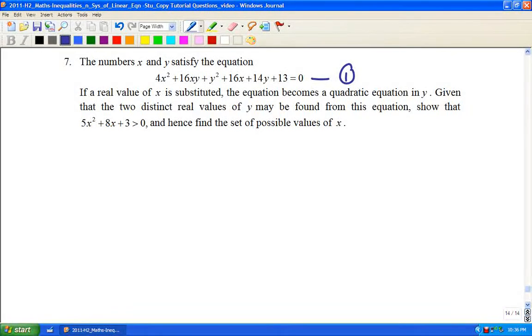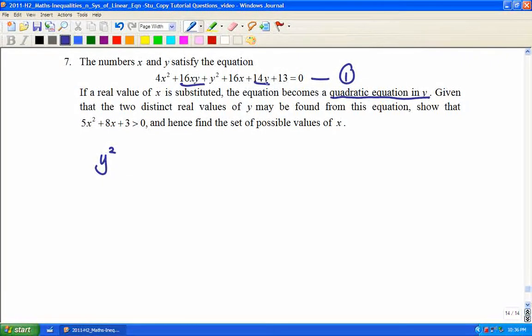So what we will do now is make use of the guiding step here, where they tell us the equation becomes a quadratic expression in y. Let us re-express this as a quadratic expression in y. So we will get y squared. Then we search for all the y terms, which are 16xy and 14y.